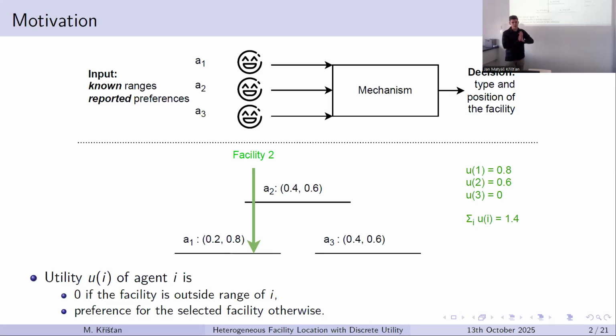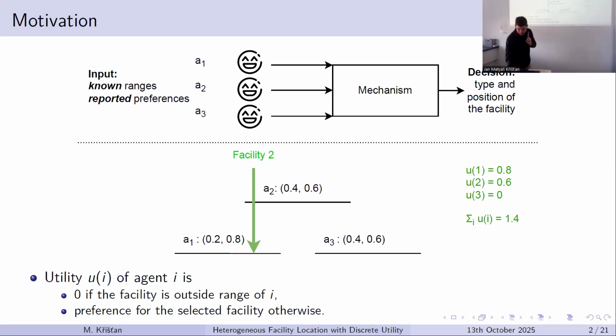So if we know all the information about which agents prefer what, then it is easy to find the optimal solution. An algorithm could simply check every different position where we can place the facility, compute the total utility for each, and then take the best. This would be trivial. So in this case, the optimal facility would be here, and it would be facility 2 with total utility of 1.4.